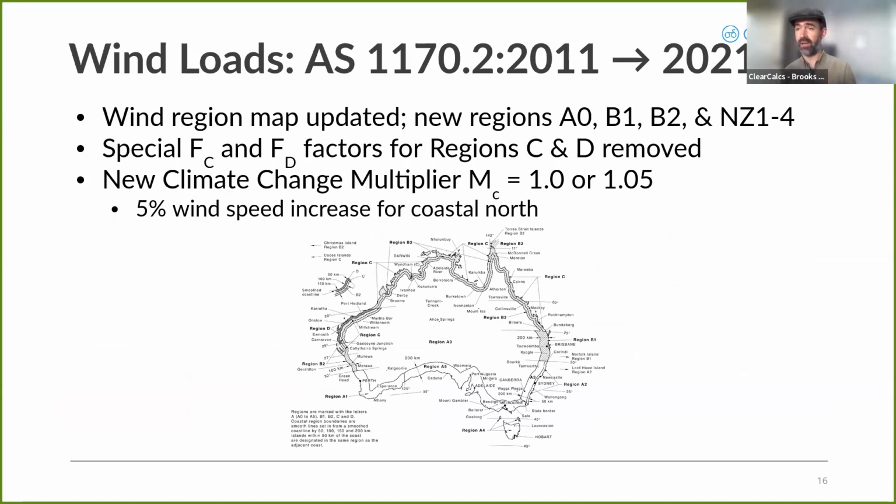Those of you who design in cyclonic regions, regions C and D, you may recall that there were some special F sub C and F sub D factors you had to use. Those have been eliminated entirely.